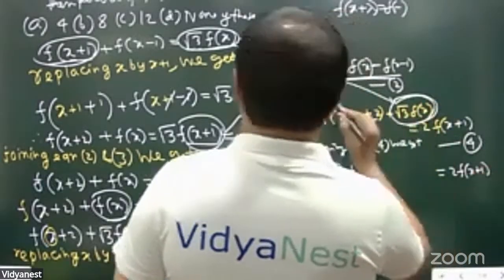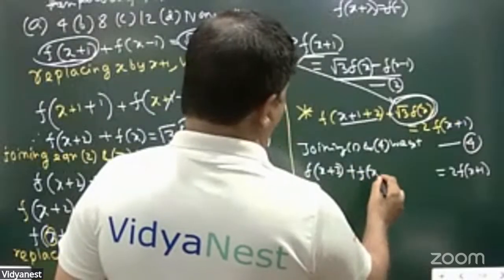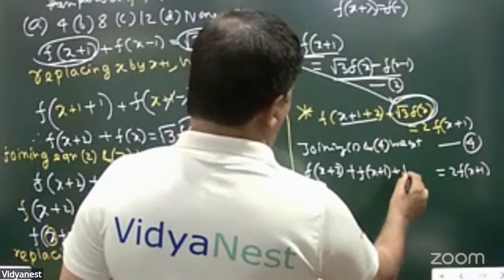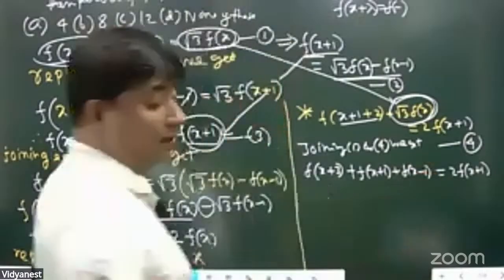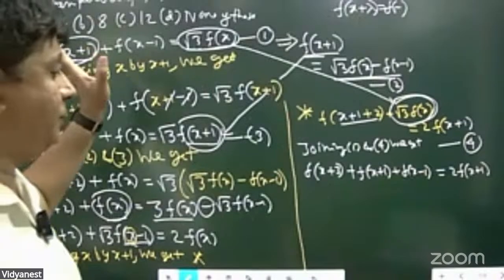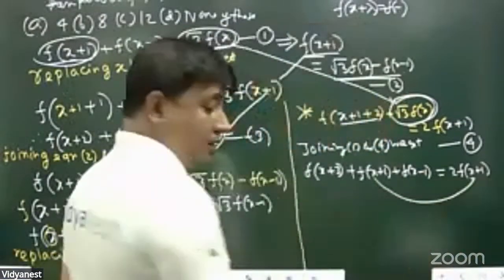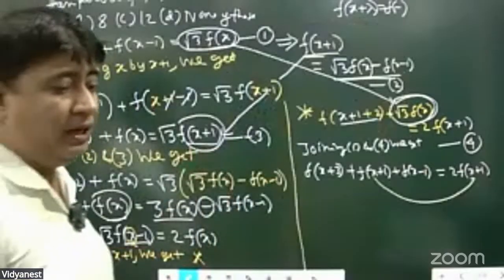Instead of root 3 f(x), f(x plus 1) minus f(x minus 1). Root 3 is removed. Now change this to the right hand side. Hope you could follow. It is one kind of riddle.